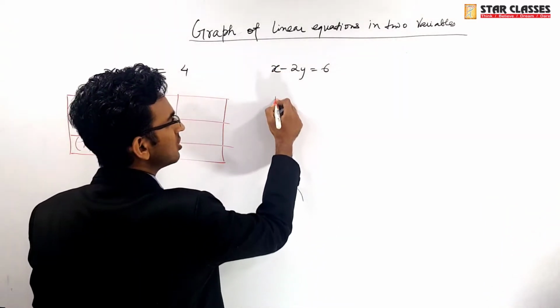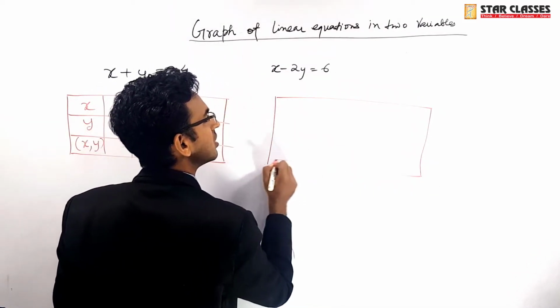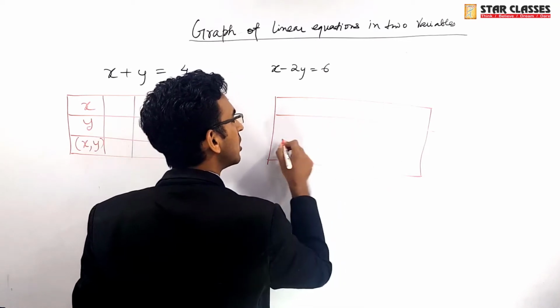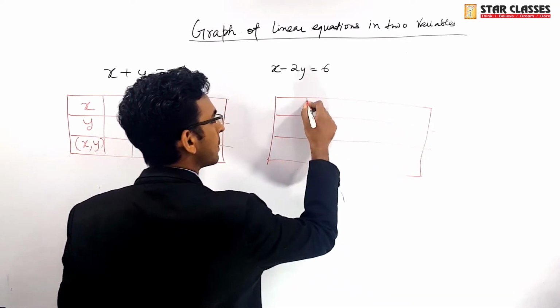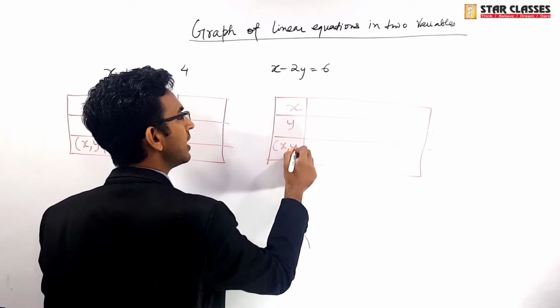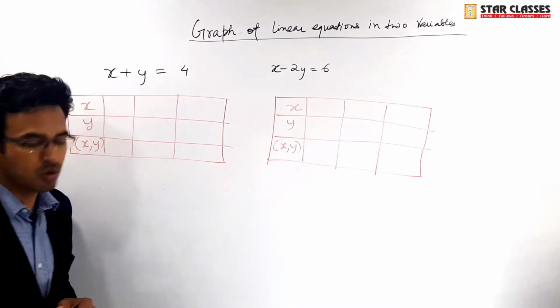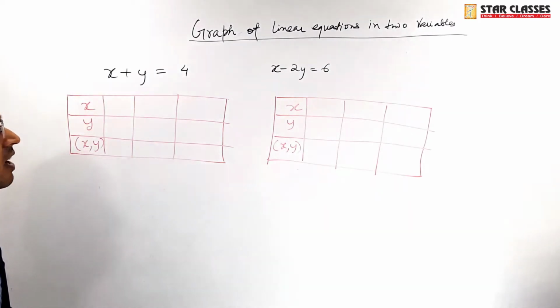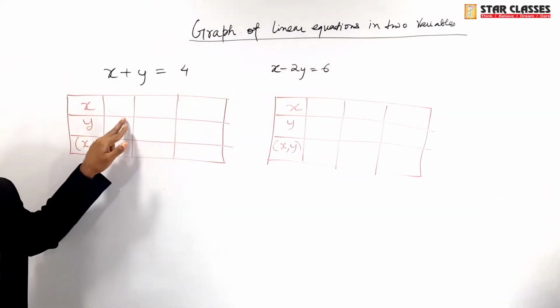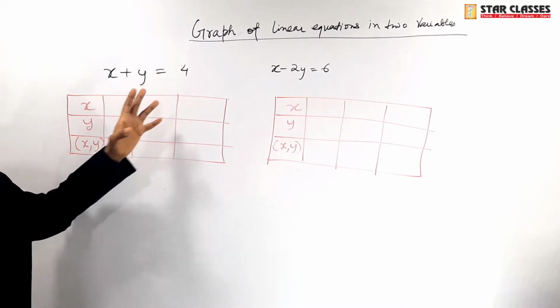Same for this equation: x, y, and combination of x and y. Now we have to take certain values of x and find the value of y, or take a certain value of y and find the value of x.